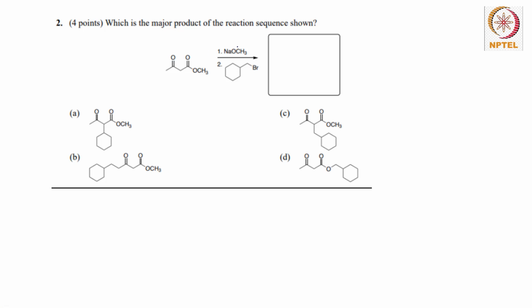So here this will give us OCH3 minus, which can act as a base. When no other nucleophile is available, it can act as a nucleophile, but when another nucleophile is available, it usually acts as a base.